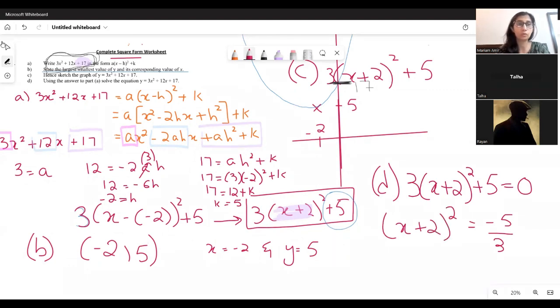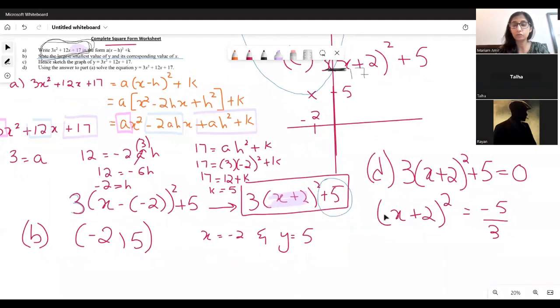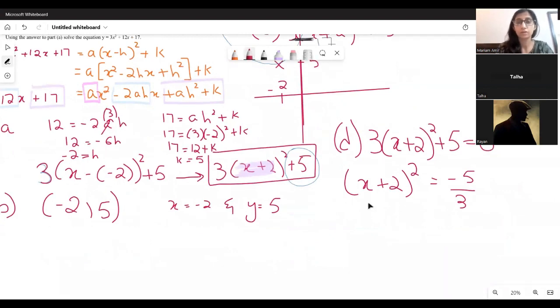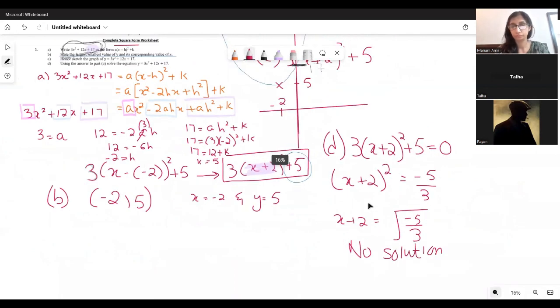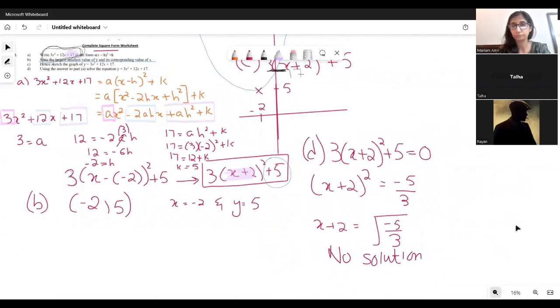To get rid of the square, we have to take the square root of both sides. So x + 2 equals the square root of −5/3, but this gives no solution. So this can't be further solved. Yeah, there's no solution.